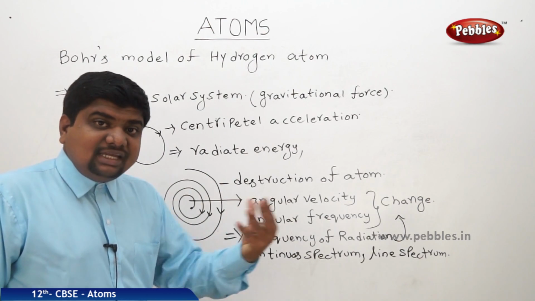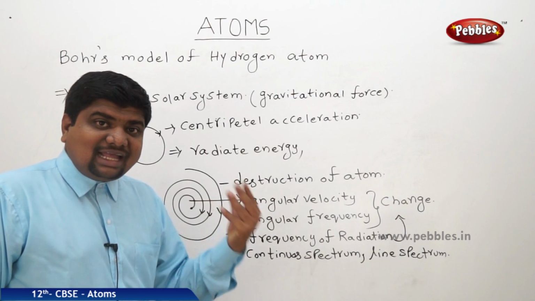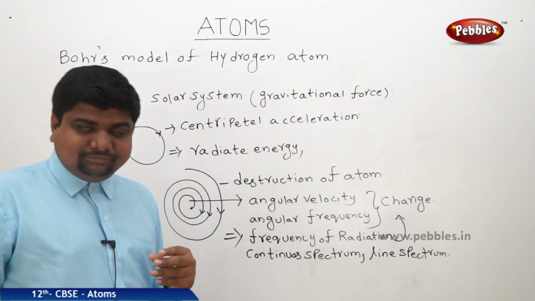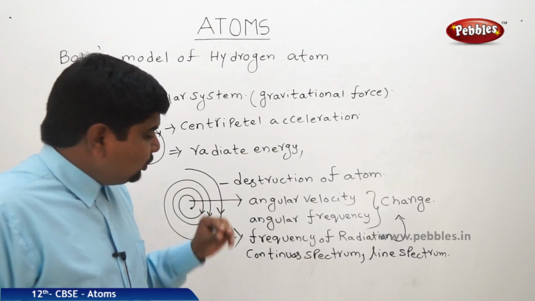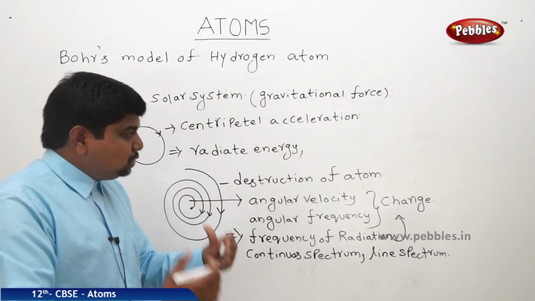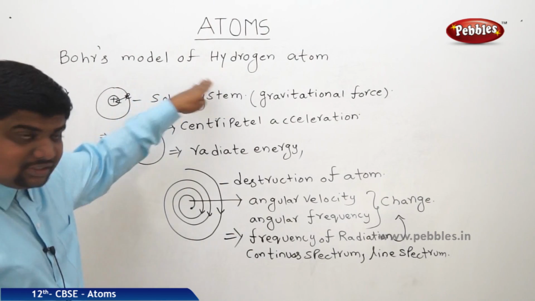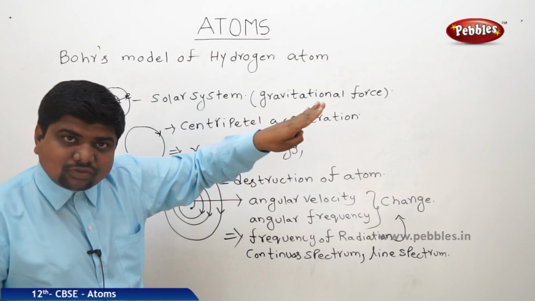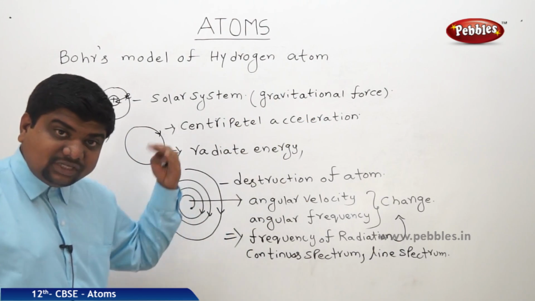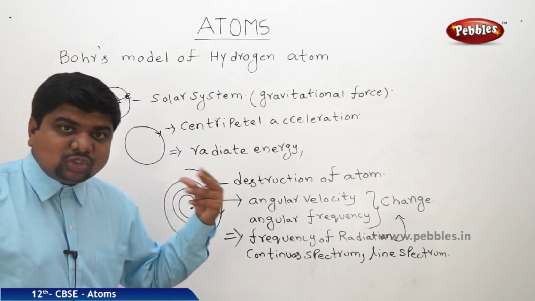Those points he took from classical quantum theory, which was newly developed at that time. So he adopted some points into his own atomic structure, the Bohr's model of the hydrogen atom, and those points he added to his own theory. Those are said to be Bohr's postulates.